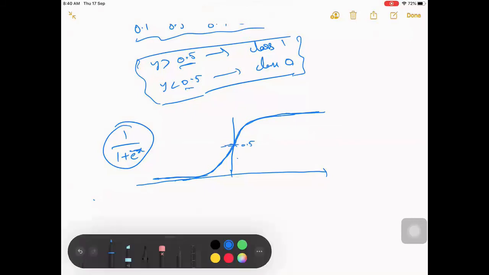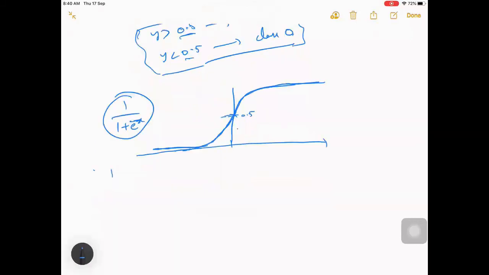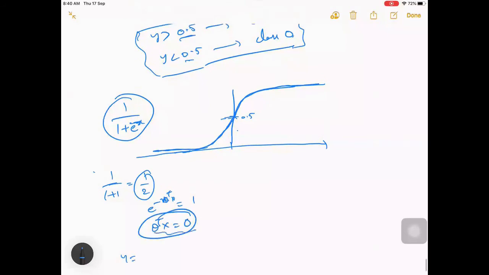When will you get 0.5? When it is 1 by 1 plus 1, right? So that is when you'll be getting 0.5 here. It means e power minus theta x is 1, which means theta x should be 0. So when theta x is 0, you'll be getting 0.5.